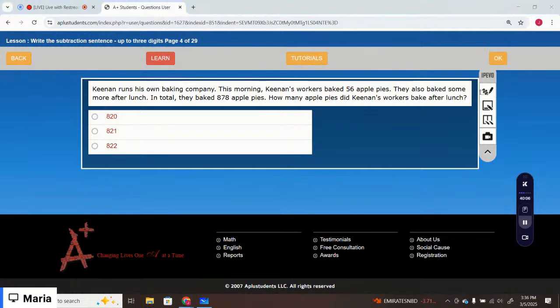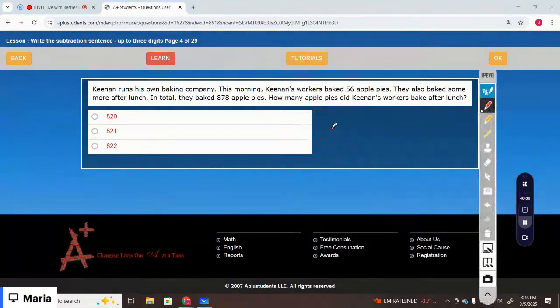So you have to do 878 minus 56. So which is the correct option?